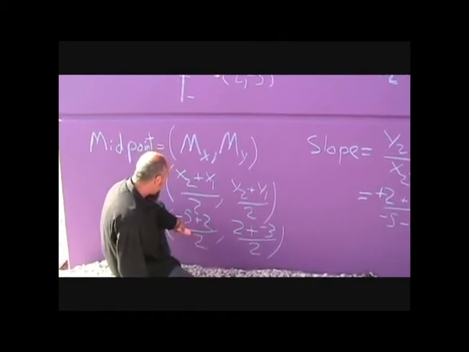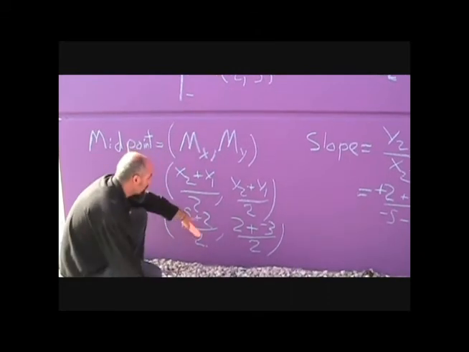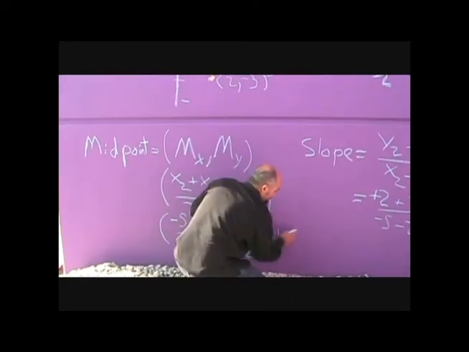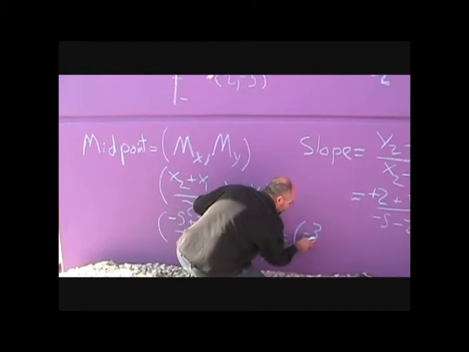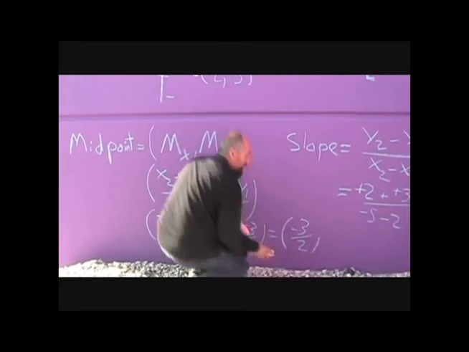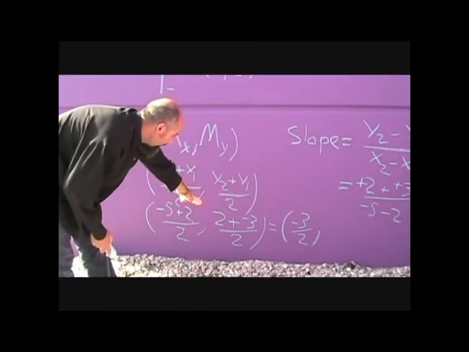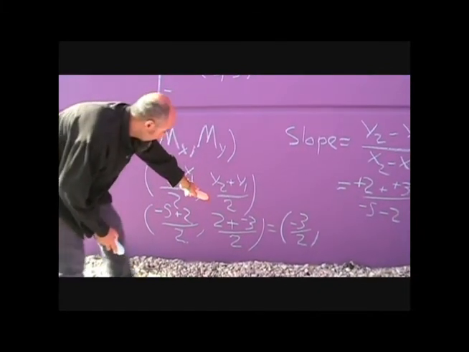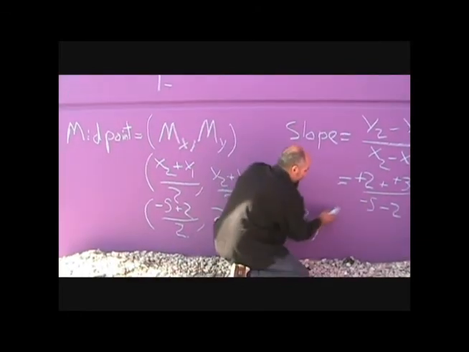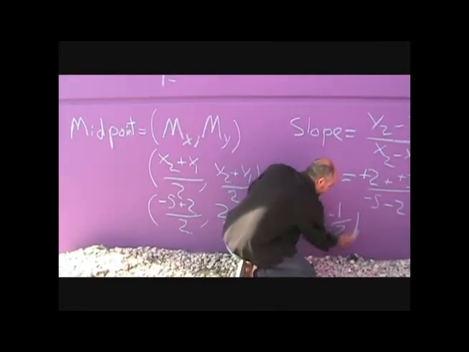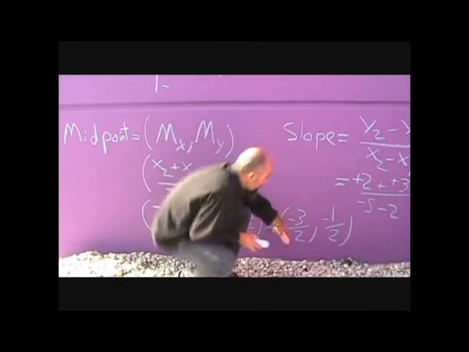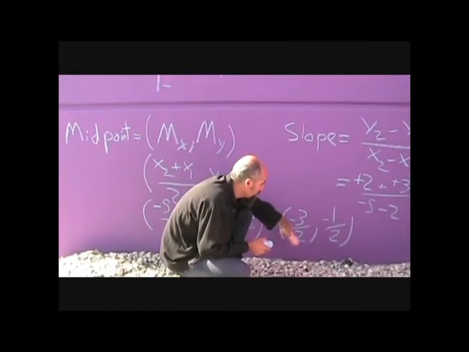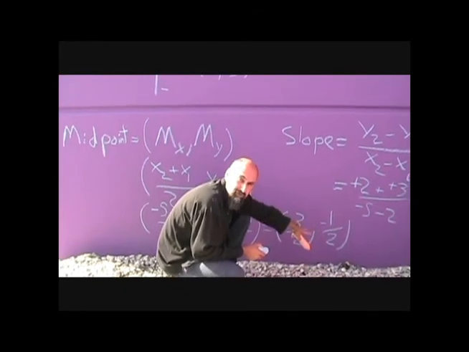So we got -5 plus 2 is -3 divided by 2, negative 3 divided by 2. And for the y's, it's 2 plus negative 3, which is negative 1 divided by 2. So the midpoint for this line is going to be negative 3 over 2 and negative 1 over 2.